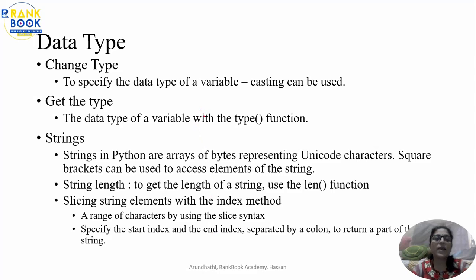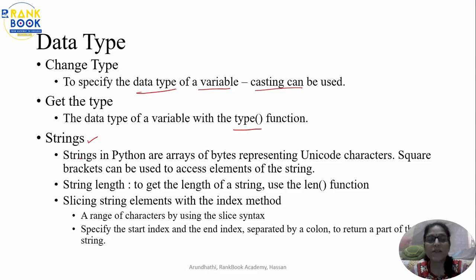So in data type we can change the type, that means to specify the data type of a variable. To change the type we have to use casting, and to get the type of a variable, the type() function has to be used. And next thing is strings.